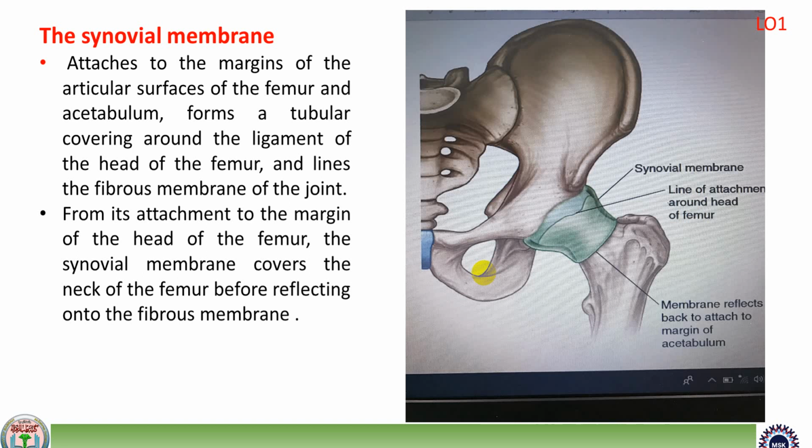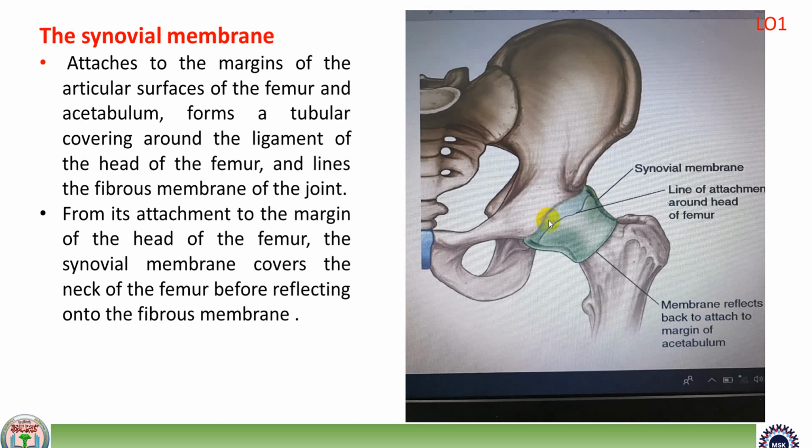Now we come to the synovial membrane. There is a specific or special orientation of the synovium, which is part of the capsule lining. It is attached to the margin of the articular surface of the femur and the acetabulum. So the attachment of synovium, like any synovial joint, is here to the articular margin for the head of femur and the articular margin of the acetabulum.